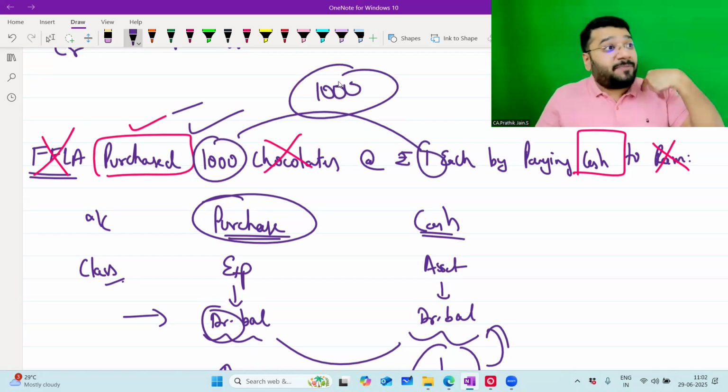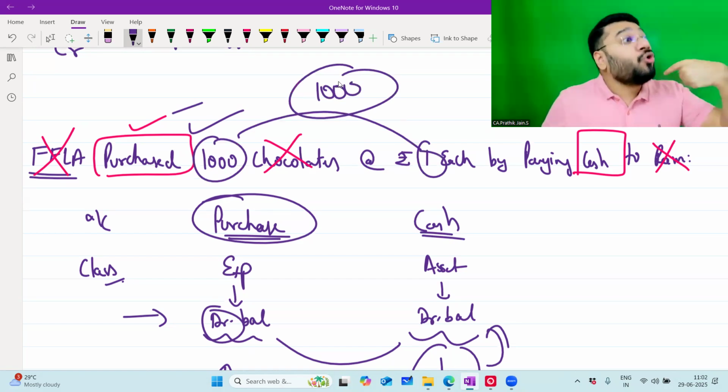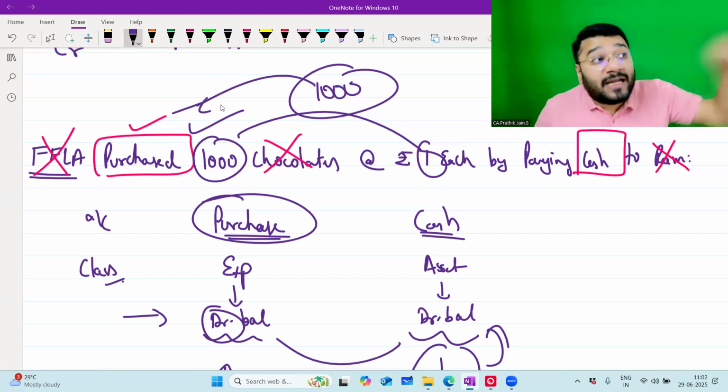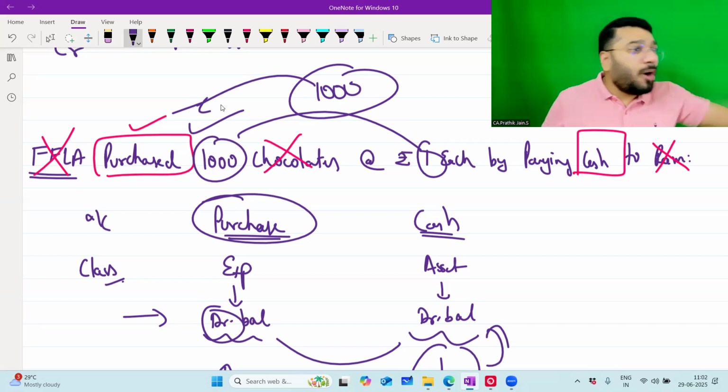This 1000 rupees is my expense. The modern rule, golden rule, allowed you to record this 1000 as purchase expense because you promised that you will sell. So we allowed you to record this as expense.